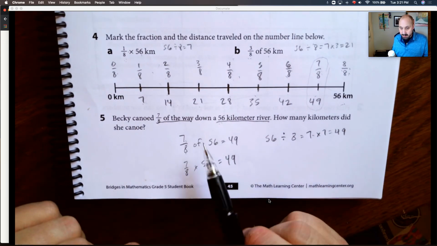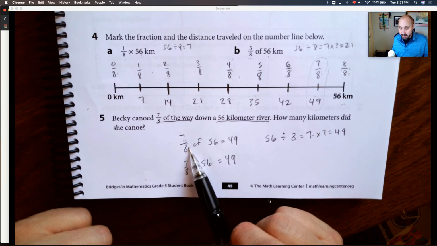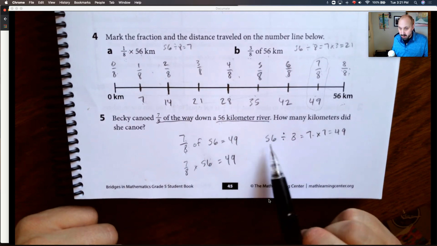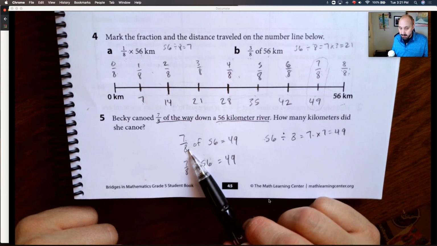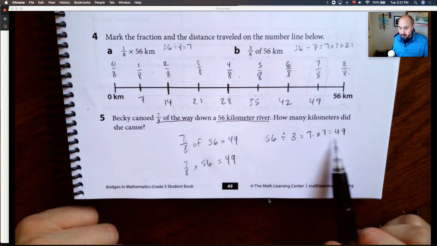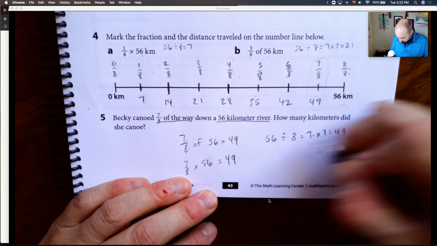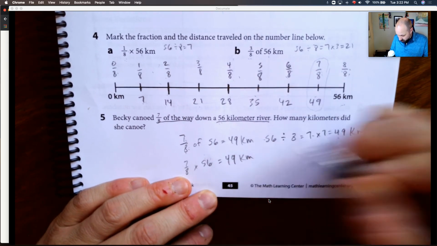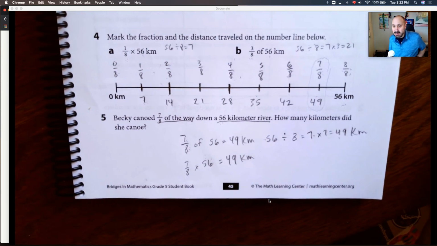So you divide the whole number by the denominator and then multiply it by the numerator. That gives us our 49. Remember, we want to label, no naked numbers. So 49 kilometers.